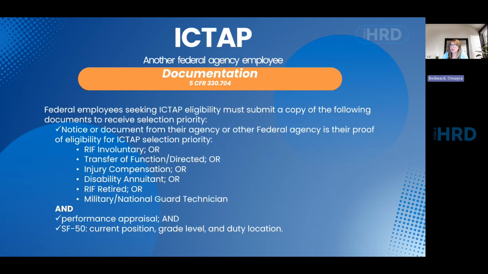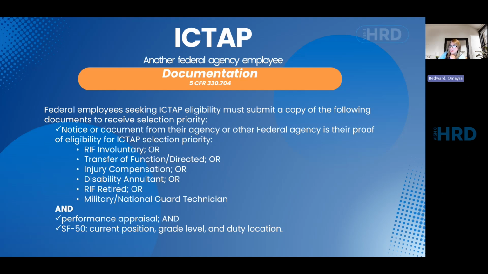Now, regarding the documentation of an ICTAP employee, federal employees seeking ICTAP eligibility must submit proof that they meet the requirements. If you want to see the requirements lined up, go to 5 CFR 330.704. They submit a copy of the following documents with their application, and they're all on the screen and very similar to the CTAP, but I want to make sure that we cover each one of them, okay?